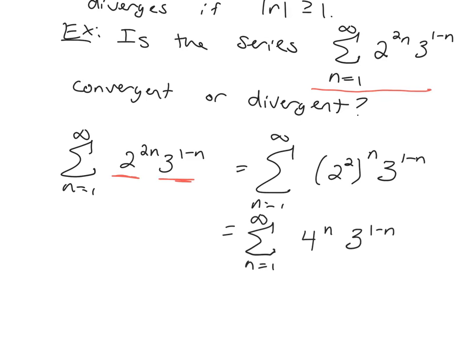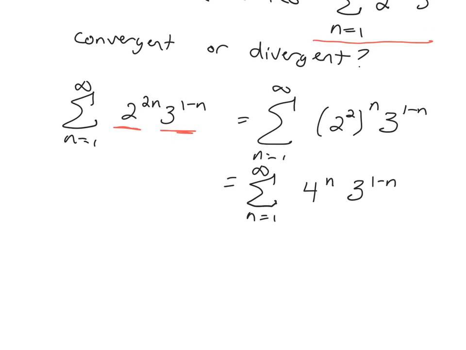So what I'm going to do for the 3 is notice that the power for 3 has a negative n, right? I'd like for the coefficient of n to be positive, so I'm going to factor a negative 1 out of the power, so it'll be negative n minus 1.